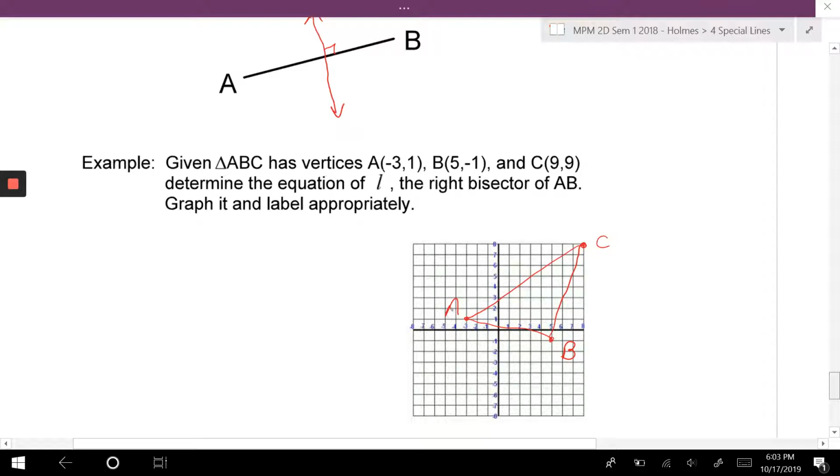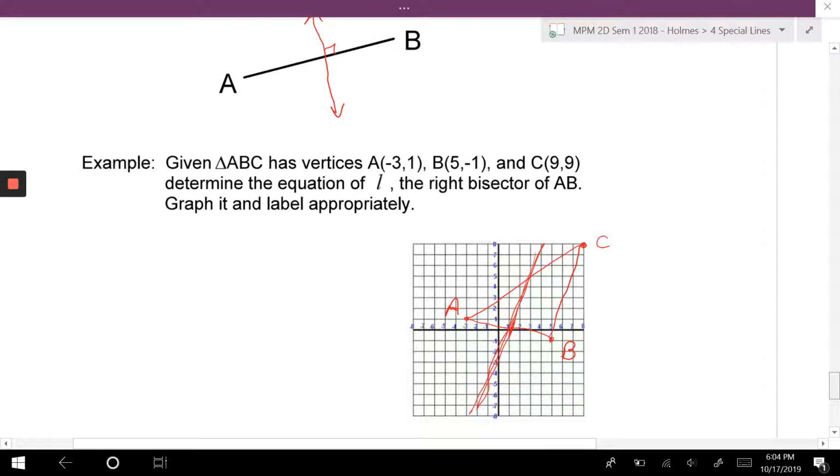So there's going to be some line, L, bisecting AB. It has to be at 90 degrees, so it's going to maybe look something like that.